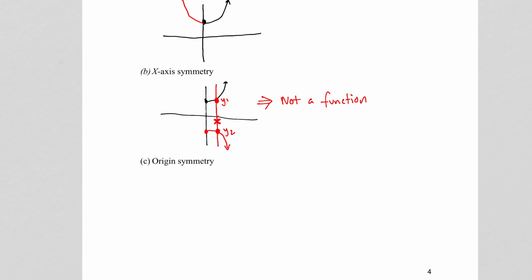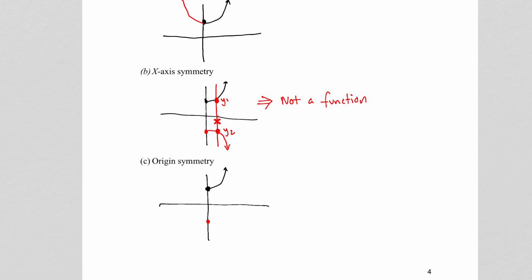Okay, well, let me jump to the third part here and look at something that has origin symmetry. So let's start with the same graph. And now we're going to complete this so that it has origin symmetry. And I like to draw this first reflecting it over the x-axis and then reflecting it over the y-axis. I have a little bit of trouble just trying to draw this with 180 degree rotational symmetry.